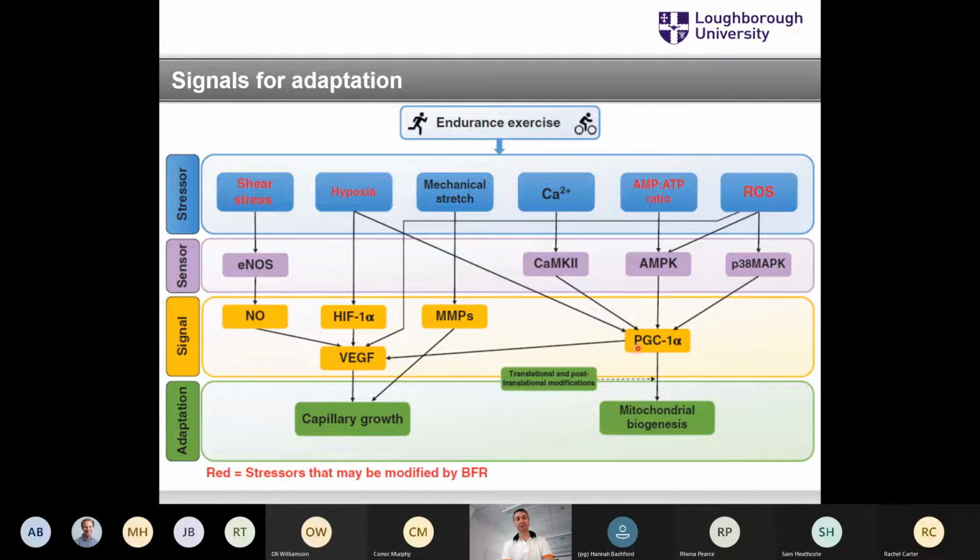They're interrelated, so they feed off each other and relate to each other in many respects. But we really want an understanding of these mechanisms, so that if we understand the mechanisms, we can identify interventions that might target particular stressors and enhance those particular responses. So that's a very short whistle-stop tour of the mechanisms of adaptation.